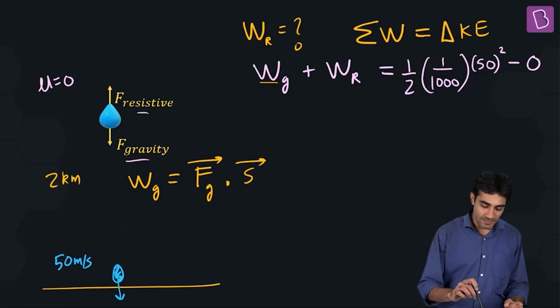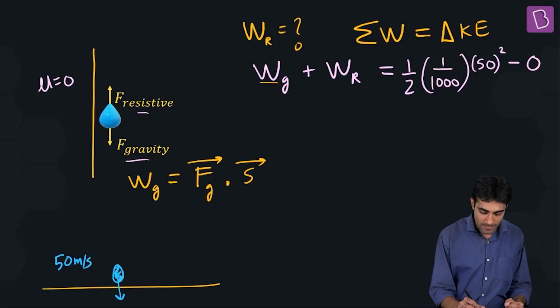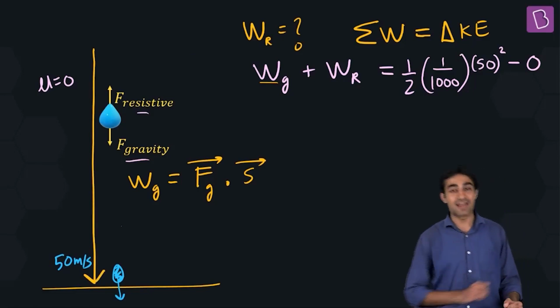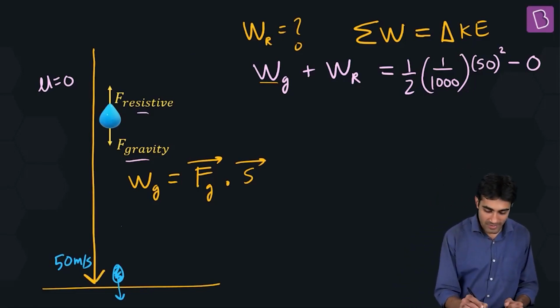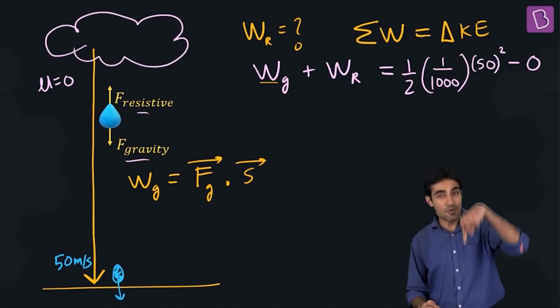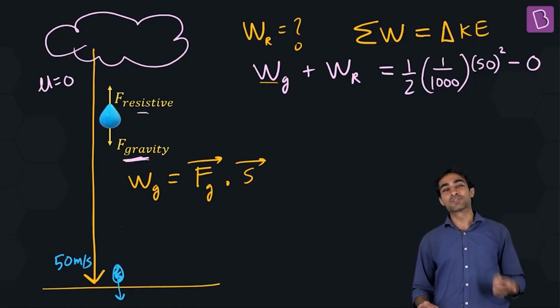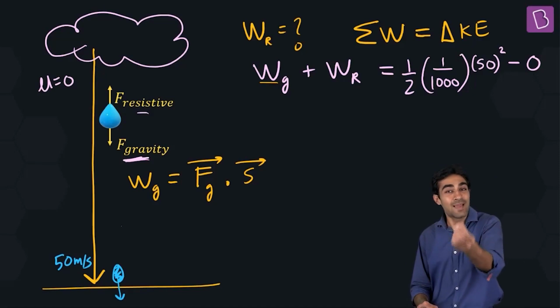And let me tell you, both the gravitational force and the displacement of the object are in downward direction. Let me again draw the cloud. Here is our cloud, and we can see the displacement is in downward direction, and the gravitational force is also in downward direction. So the dot product will come out to be positive.